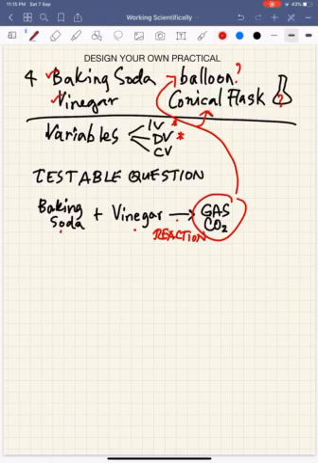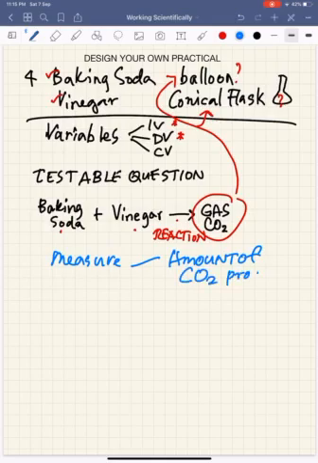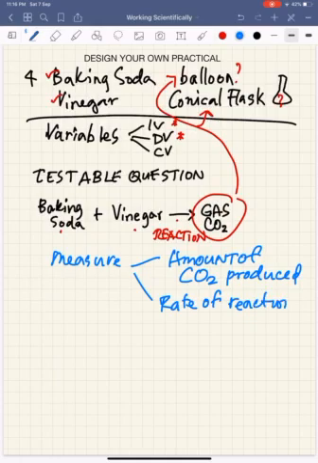So, what are you measuring? Based on our class discussion, you said that there are two things that we can measure. One of the things that we can measure is the amount of carbon dioxide produced. Another thing we can measure is the rate of reaction, the speed.